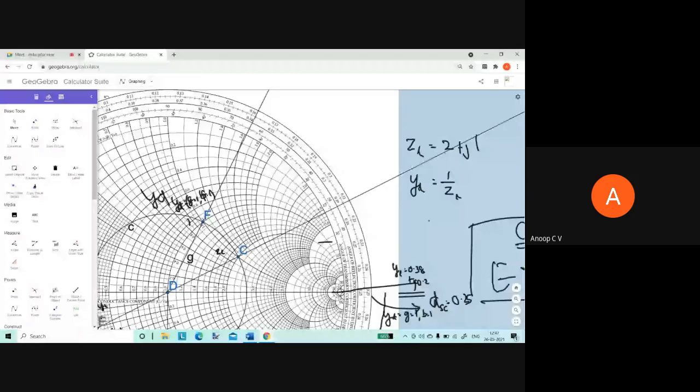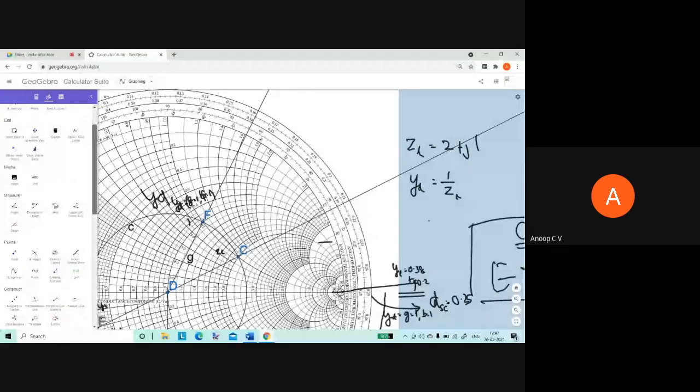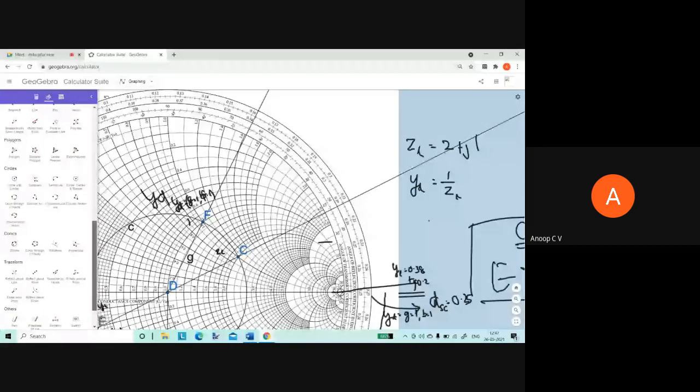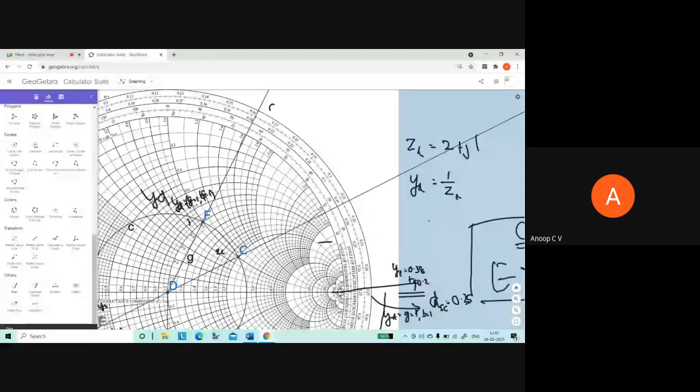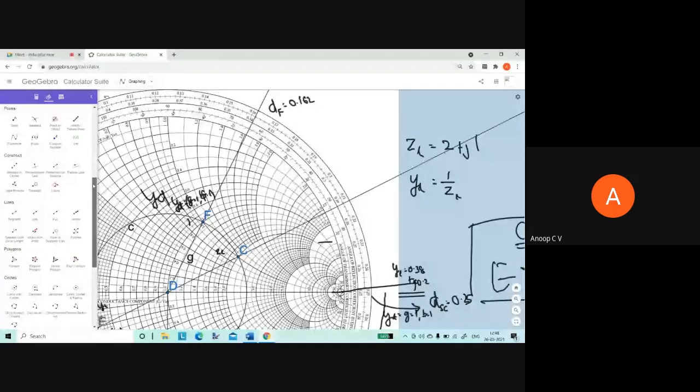I'll write 0.162. This point, that is DF. DF is 0.162. And this point I don't have to mark, because that is the impedance point. I hope all of you are noting it down.